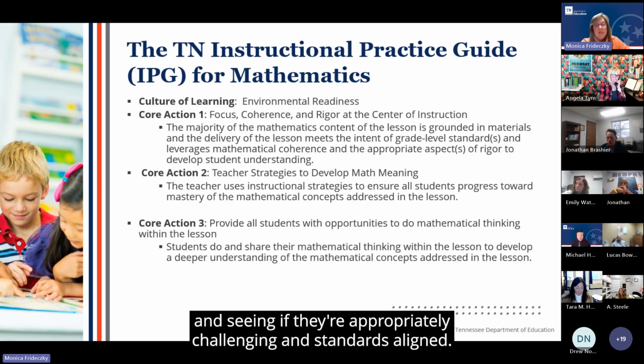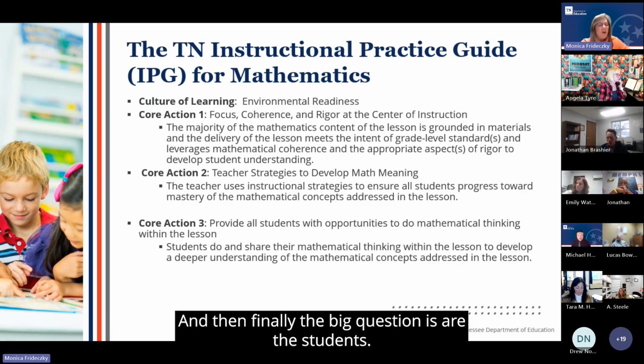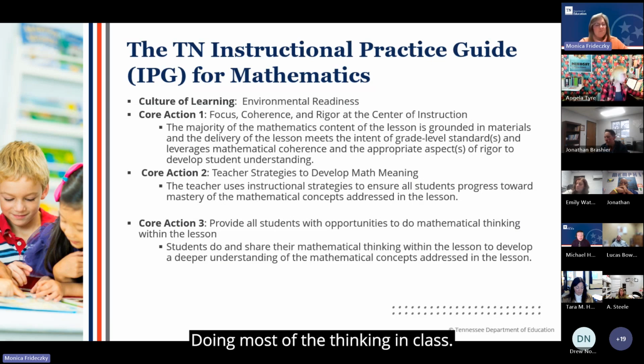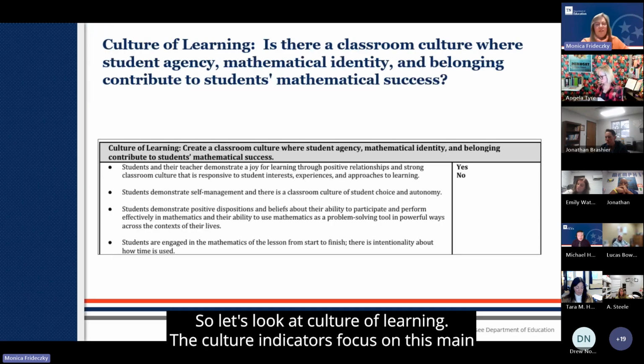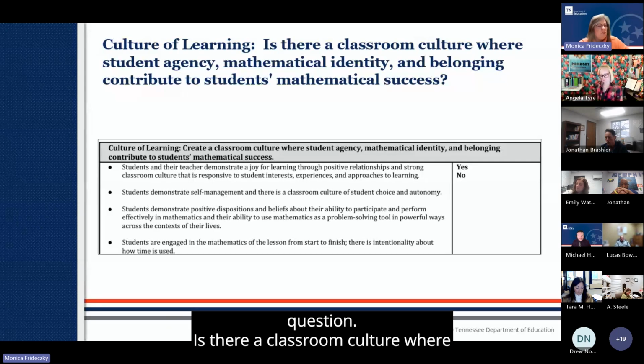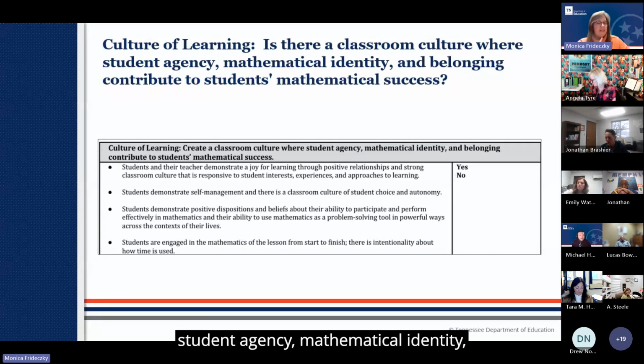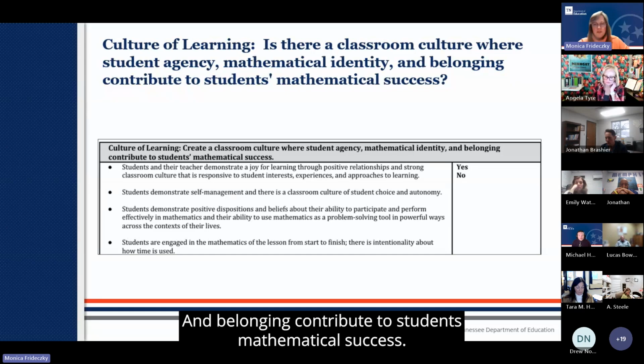And then finally, the big question is, are the students doing most of the thinking in class? So let's look at culture of learning. The culture indicators focus on this main question: is there a classroom culture where student agency, mathematical identity, and belonging contribute to students' mathematical success?